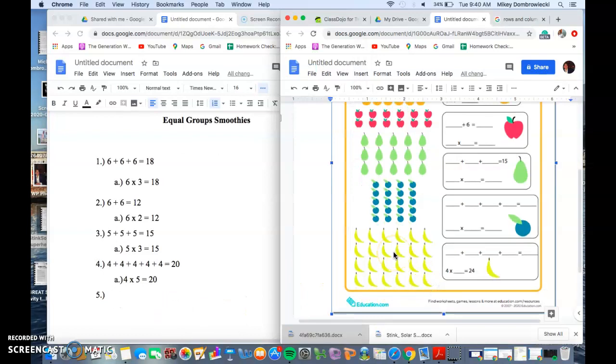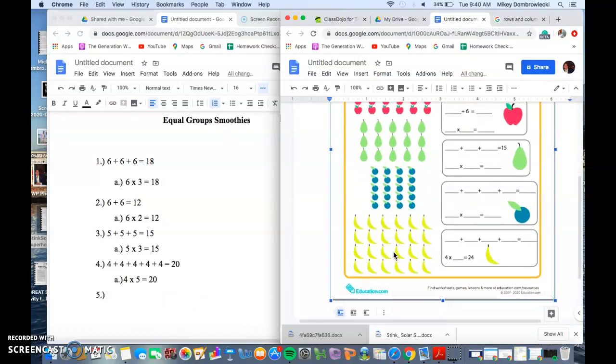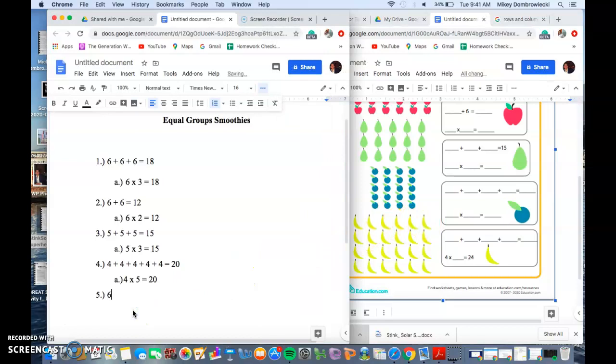Oh, bananas. This is going to get a little trickier. All right. Let's go through bananas. Let's see how many rows we have. We have 1, 2, 3, 4, 5, 6 bananas in one row. We have 6.